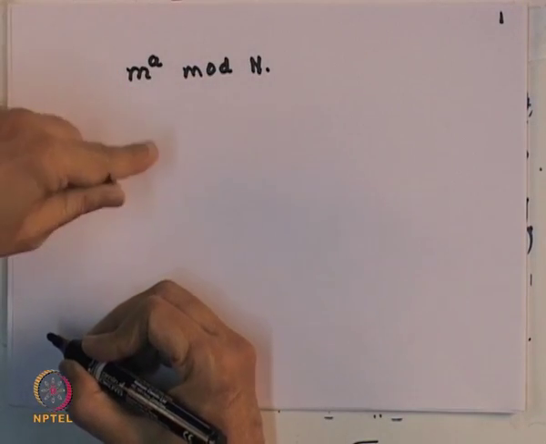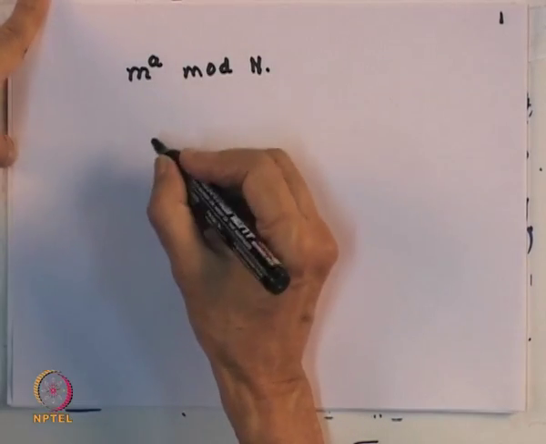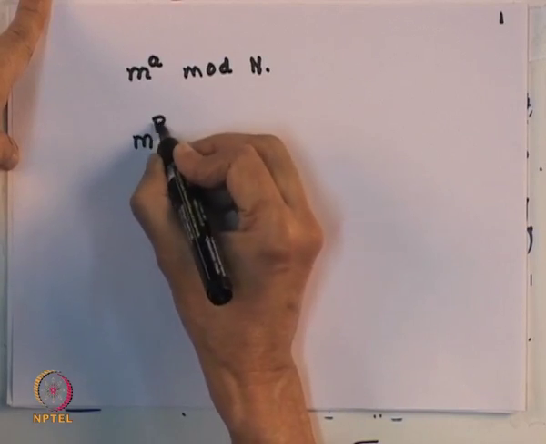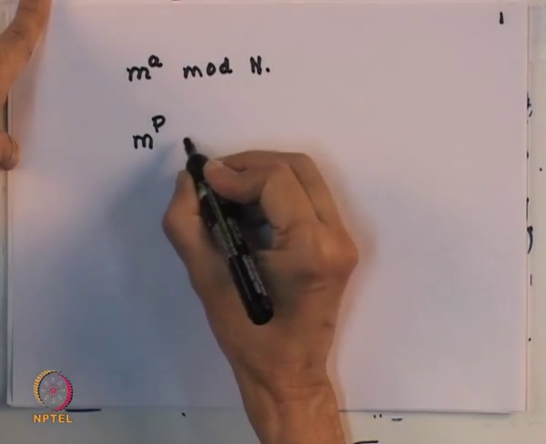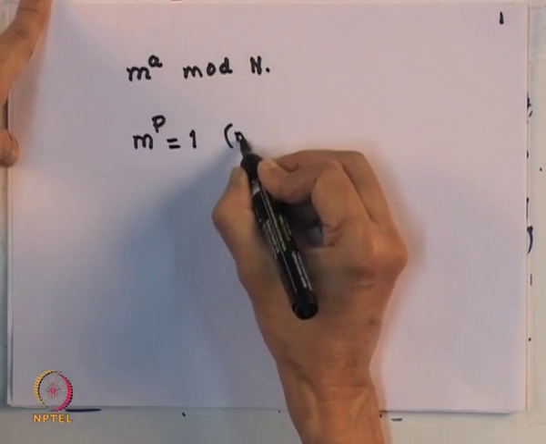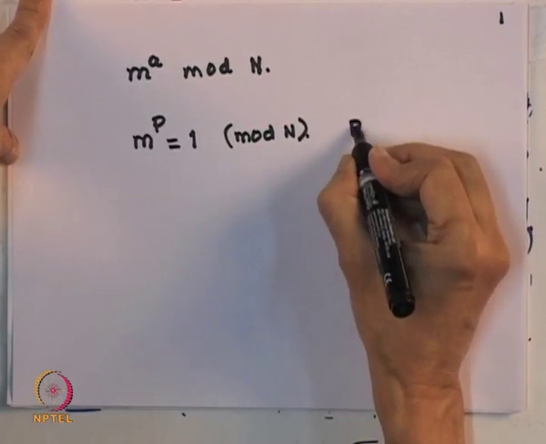So a takes various powers, and what we had seen is the smallest value of a, which I have denoted as p, for which m to the power p is equal to 1, all modulus n. This is the period of the function.